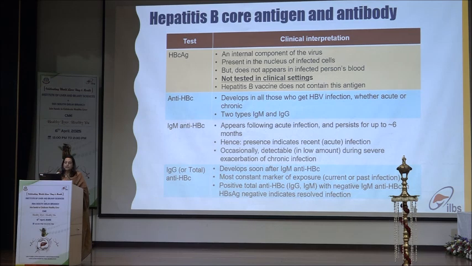Other important antigens and antibodies: the core antigen. I said core antigen is always inside the liver, never released into the blood. It is the antibody that is seen. First it is the IgM type, and then the IgG type. IgM is usually seen during the acute infection, but sometimes it is also detectable during the reactivation phase. So it's very, very difficult.